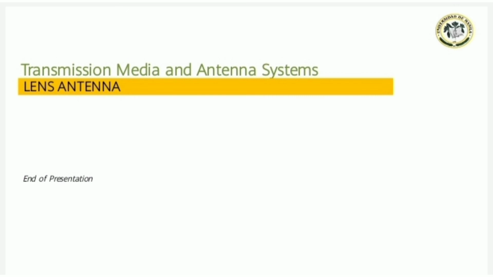Summary of lens antenna. The scientist who constructed the lens antenna is the Indian physicist Jagadish Chandra Bose. What is a lens antenna? A lens antenna is a type of antenna that is designed to collimate the incident divergent energy in order to convert it into a plane wave using a proper lens method.